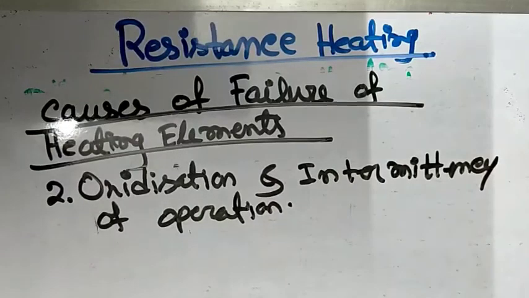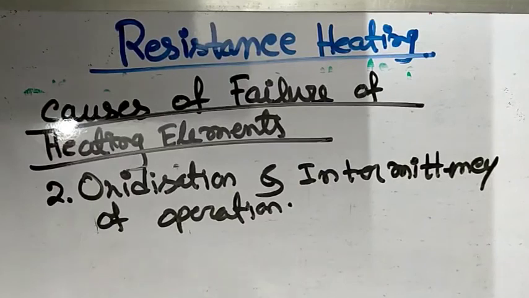Now at high temperature, oxide scale is formed on the surface of the heating element, which is continuous and tenacious. The oxide layer is so strong that it prevents further oxidation of the inner metal of the element. However, if the element is used quite often, the scale is subjected to thermal stresses produced by frequent cooling and heating, and thus the oxide scale cracks and flakes off, exposing fresh metal to oxidation, and this will produce increased local oxidation, producing hot spots.